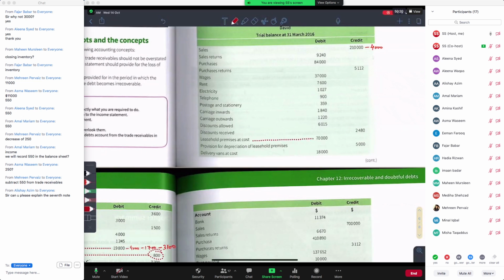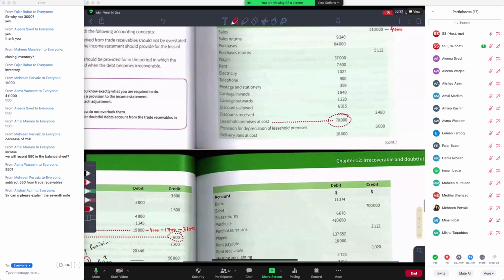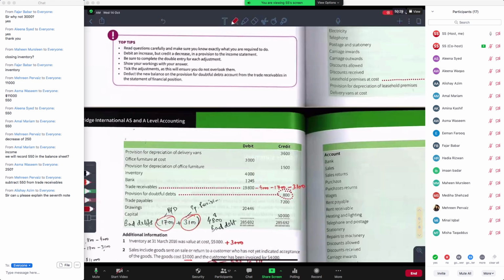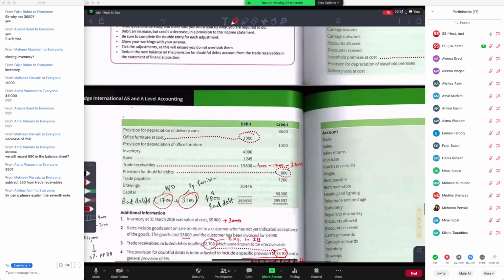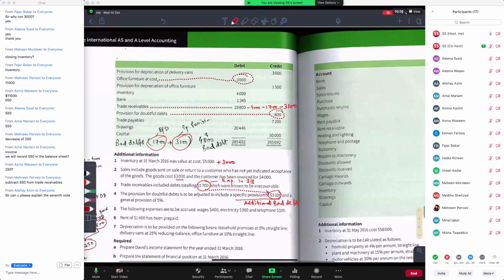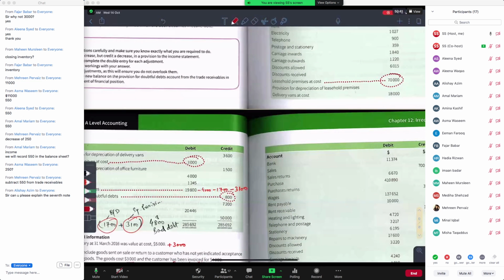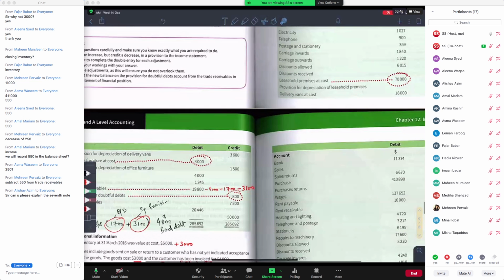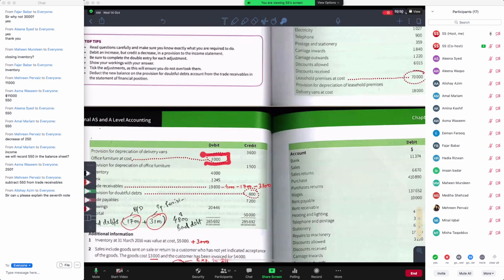We are going to charge depreciation on this value, and for furniture this value. So leasehold premises depreciation will be 5% of $70,000 because it's straight line, and office furniture depreciation will be 10% of $3,000, right?